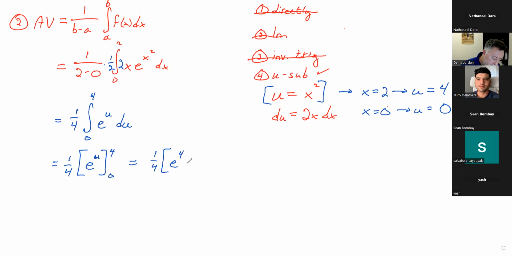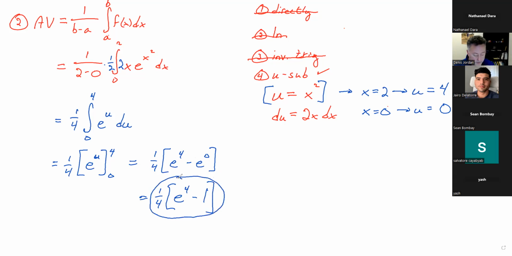So stick in the 4, stick in the 0. The only other thing I would do is simplify e to the 0 as 1. You could distribute the 1/4 if you wanted, or leave it out, either way.